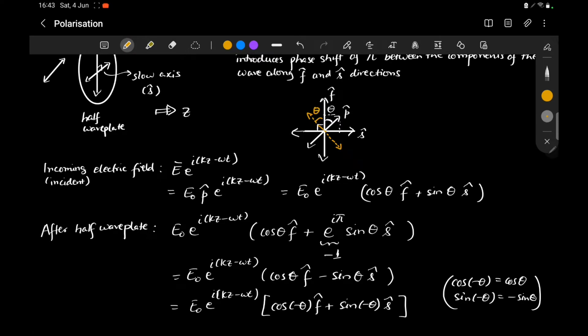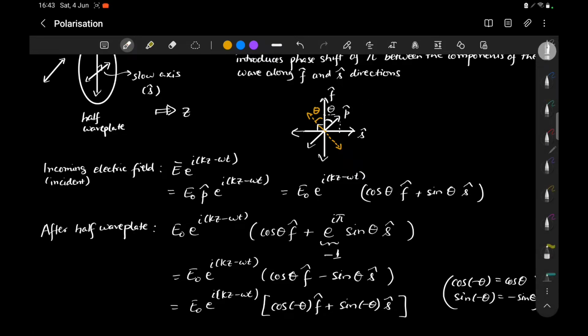So this is also theta, but in the other direction. So we see, this is incoming and this is outgoing after the half wave plate. So essentially it has rotated the polarization by 2 theta.